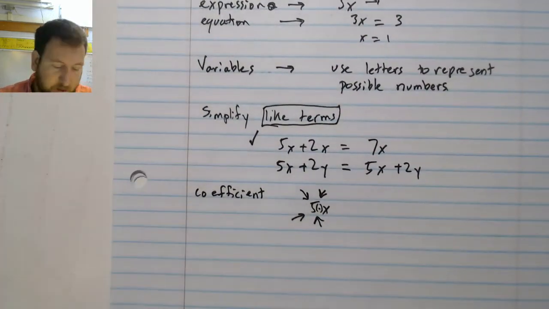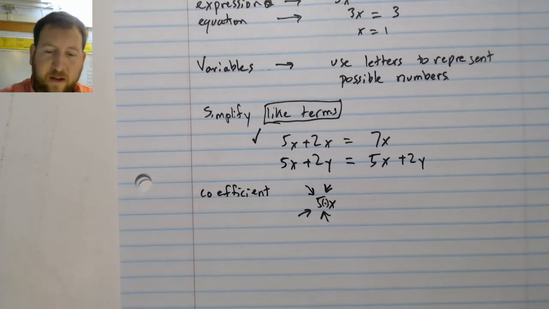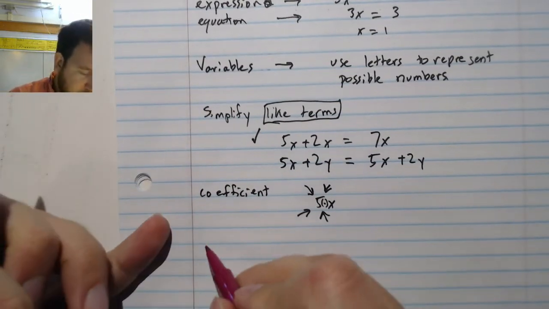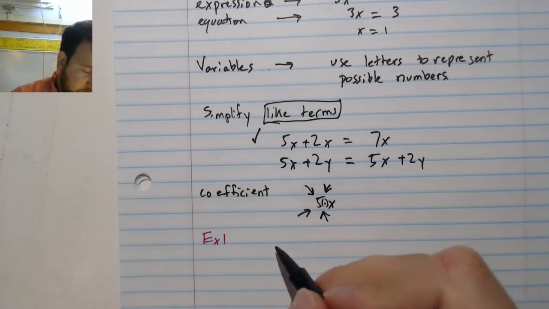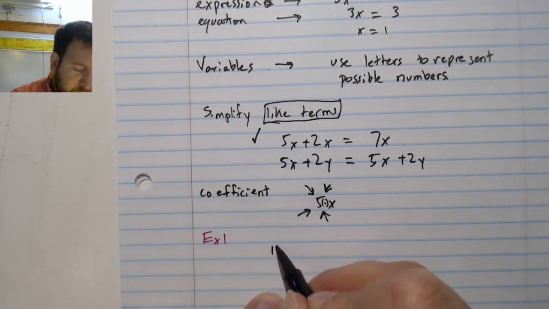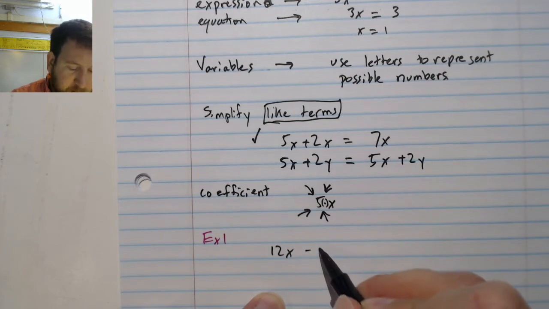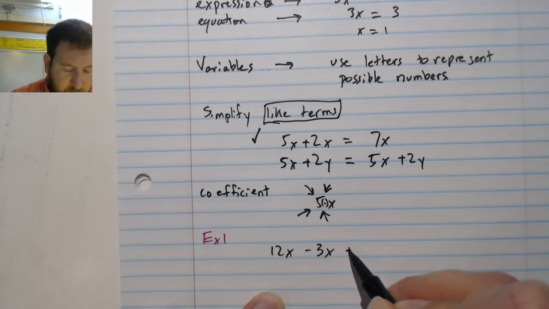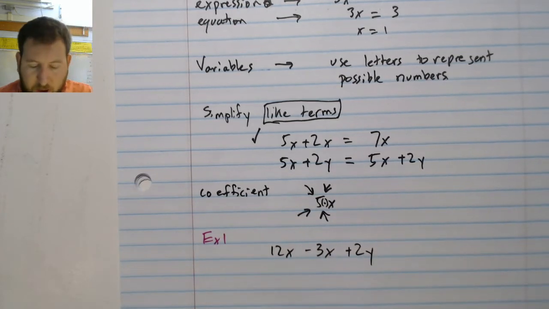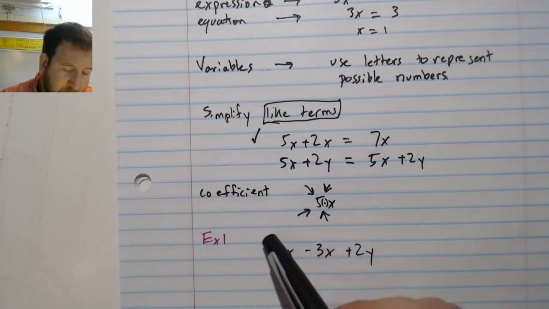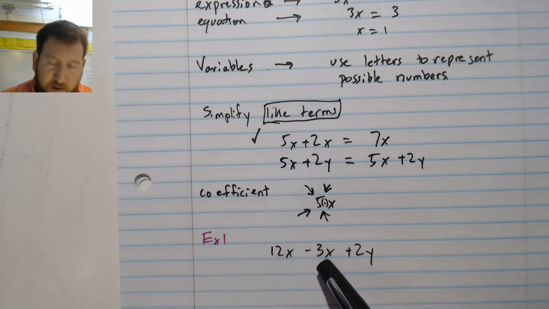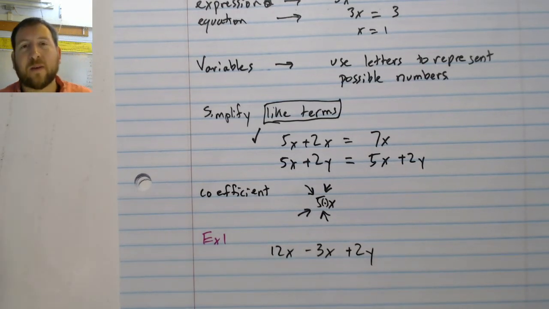Let's take a look at a quick example using example 1. We're going to add this together. We're going to say we have 12x minus 3x plus 2y. All right, now if I'm going to simplify this down, I can do 12x minus 3x, but I can't do anything with my 2y.